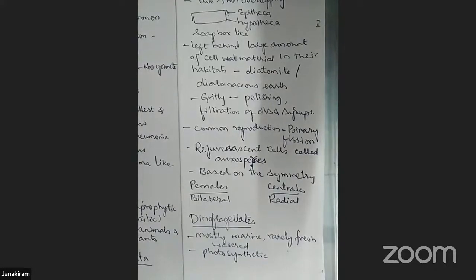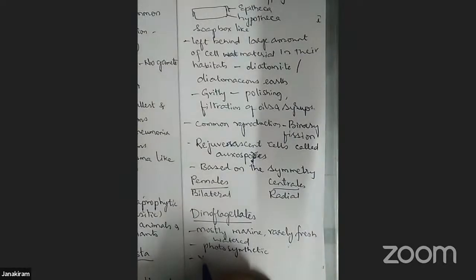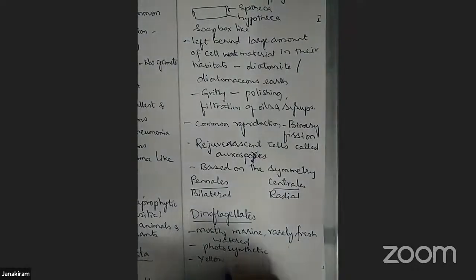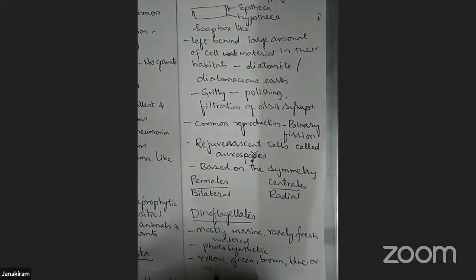Depending upon the nature of the pigment, they appear either yellow, green, brown, blue, or red in color. The reason for this is the main pigment present in their cells. Due to the main pigment present in the cells, they may acquire different colors.